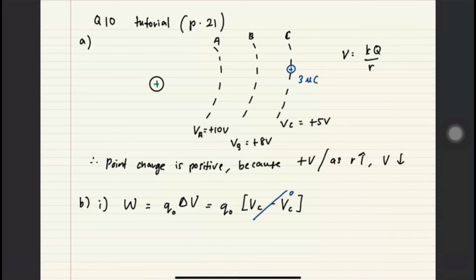So this one is 0. Can you guys understand?